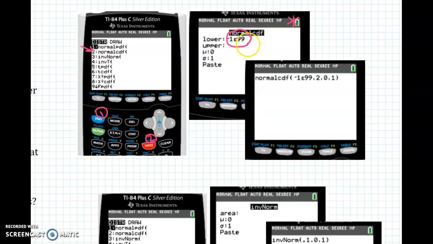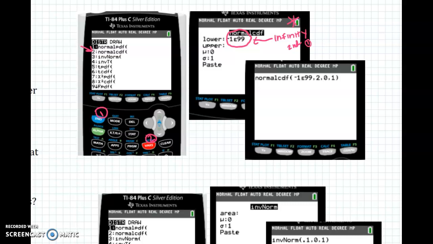This is the smallest possible number that you can put in. If you wanted positive infinity, you would do it without the negative. To get the little e for scientific notation, in case you forgot, you hit second and then the little comma button. That brings up your e's.